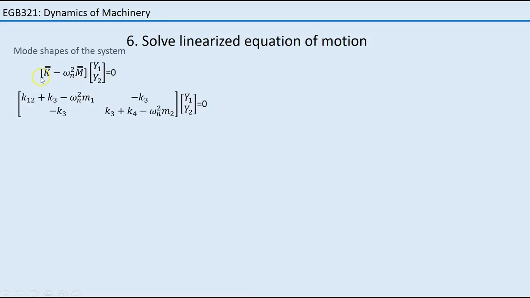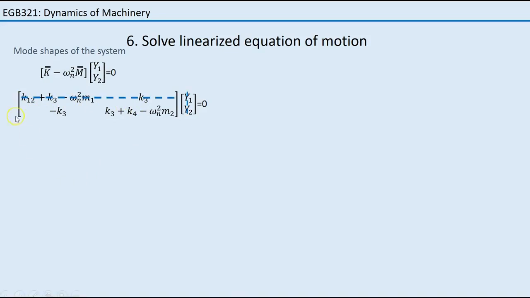To find the mode shapes, we need to use the K minus omega n square m matrix times y1 and y2. Now y1 and y2 are the amplitudes of the vibration motion. You can understand that we'll have 2 equations, and we just use any one equation from this matrix.